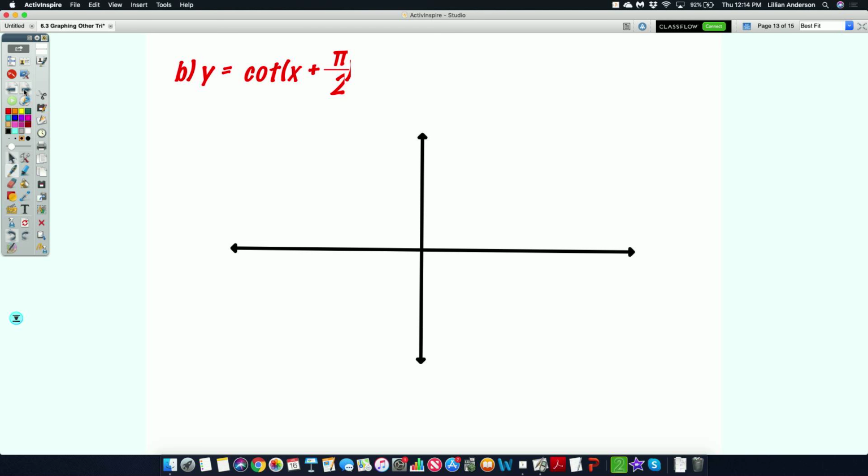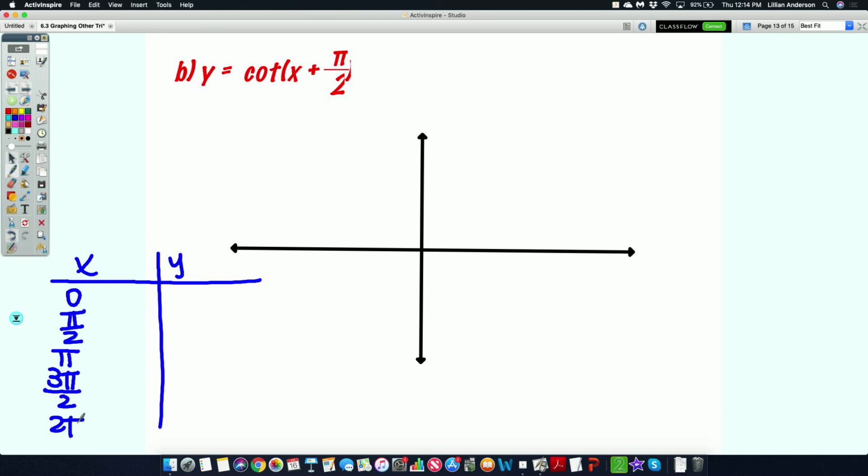And the last one. Cotangent x plus pi over 2. How do the y's go for cotangent? The opposite: undefined, 0, undefined, 0, undefined.